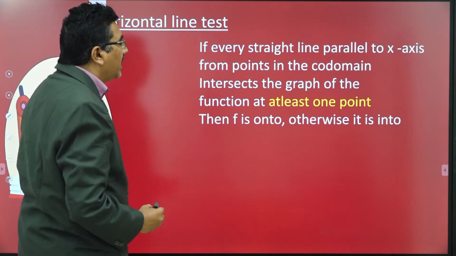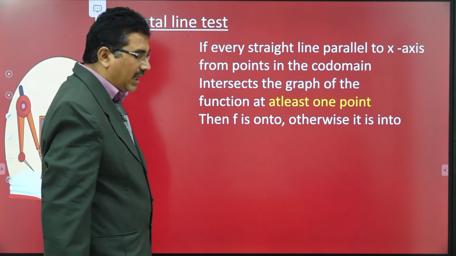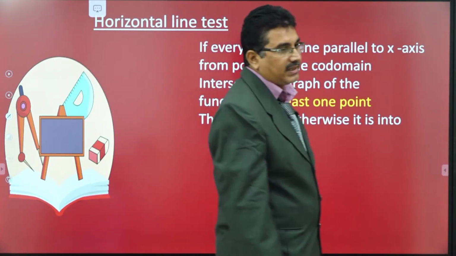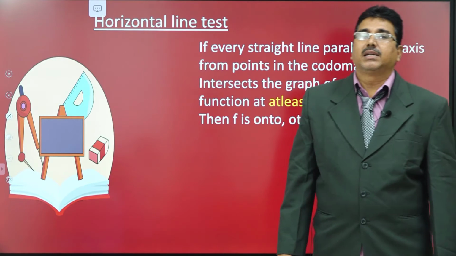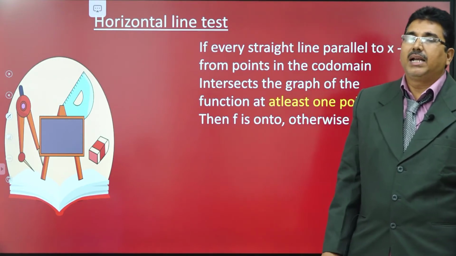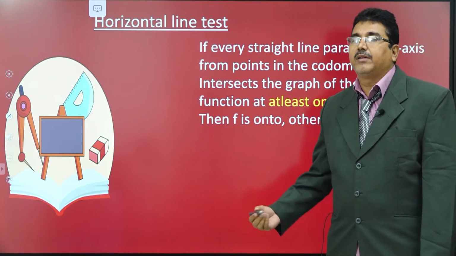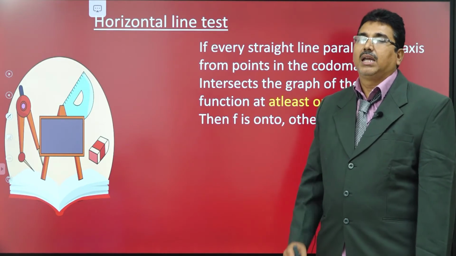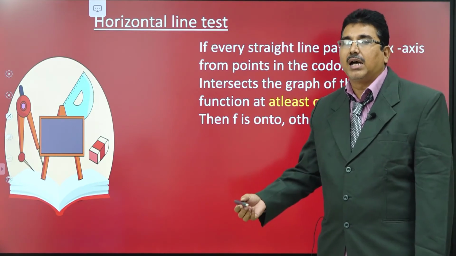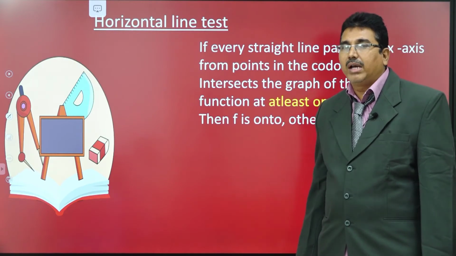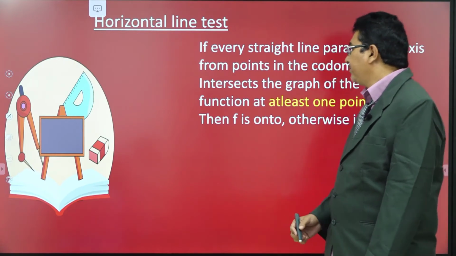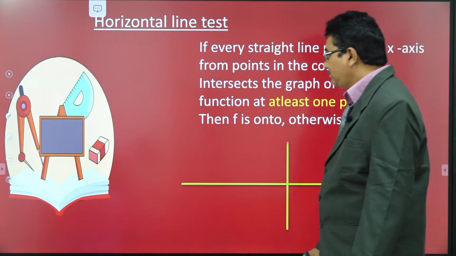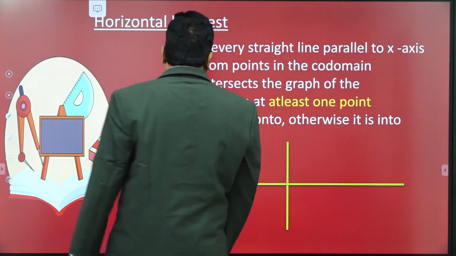If every straight line parallel to the x-axis drawn from the points in the codomain intersects the graph of the function at least at one point, then f is onto, otherwise it is into. See one example.